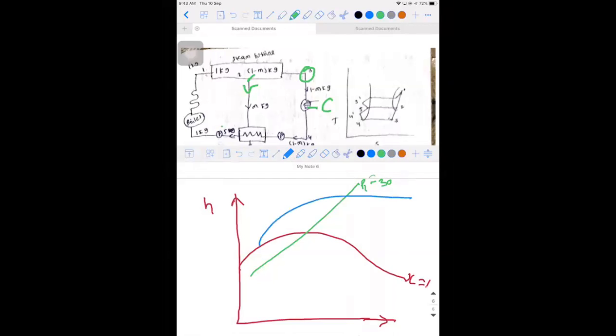This intersection you call point 1, and tell me what is H1. You do this, and in the meantime, I will try to show the same.